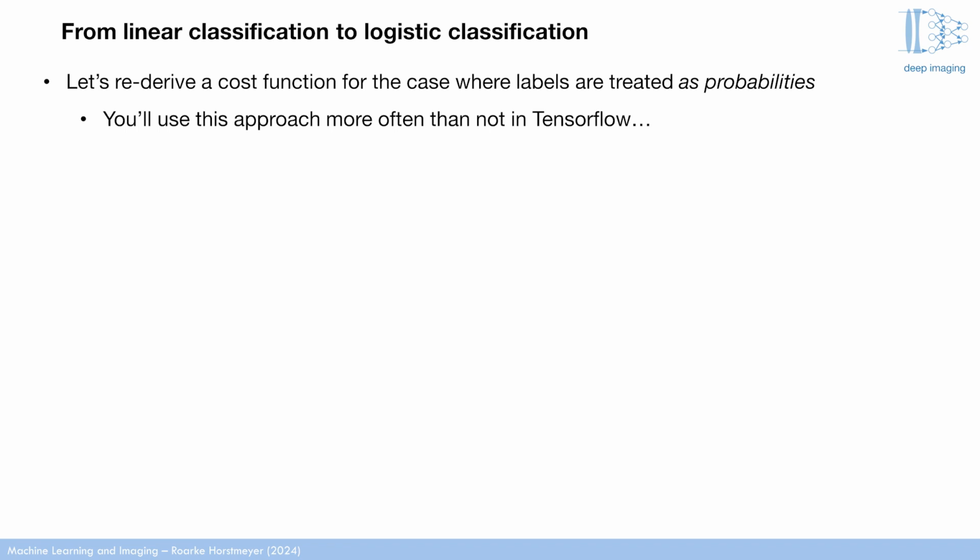So now we're going to use that logistic function, sigmoid function, to rederive a new cost function. So bear with me here. This cost function, right, is what you're going to use more often than not in TensorFlow. If you just download TensorFlow tutorial on image classification, it will use this type of cost function, which we're going to show, this cross-entropy cost function.